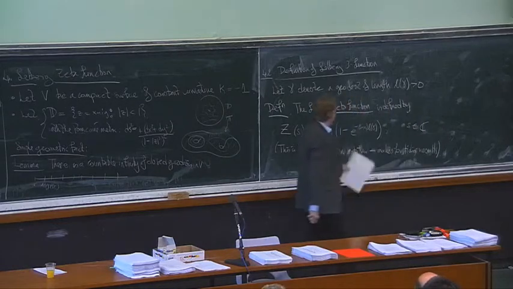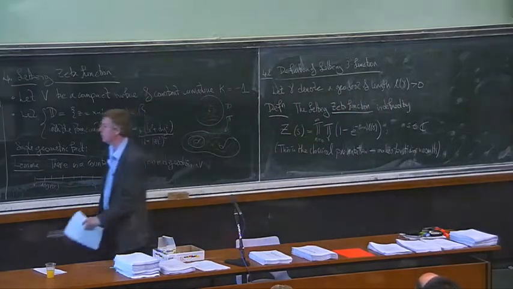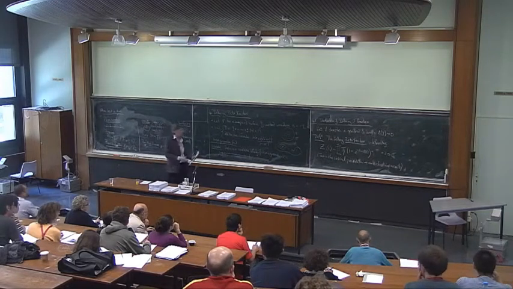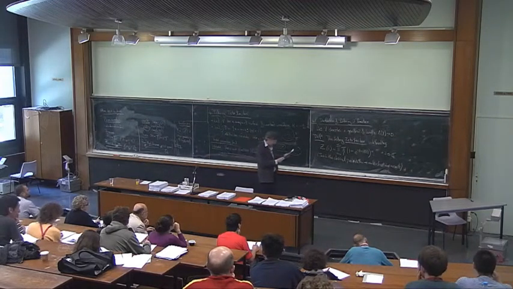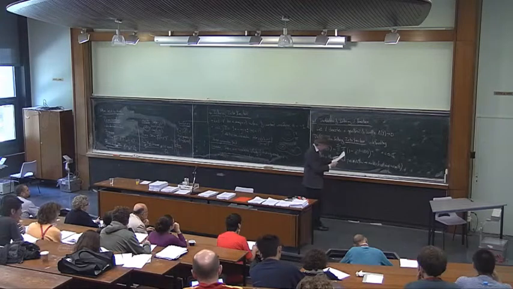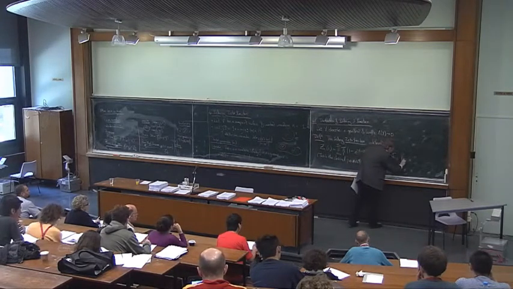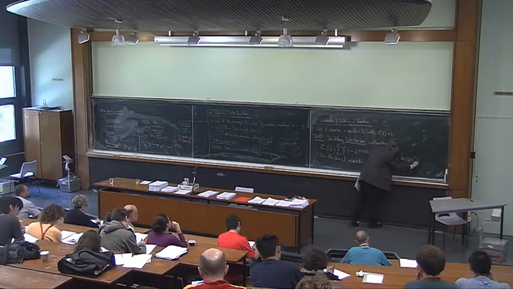So you could define the Selberg zeta function by complete analogy with this, but I'm not, for reasons that I hope will become apparent in a moment. Okay, so let me say some stuff. Oh, I should also say that this thing converges, providing the real part of s is bigger than 1.